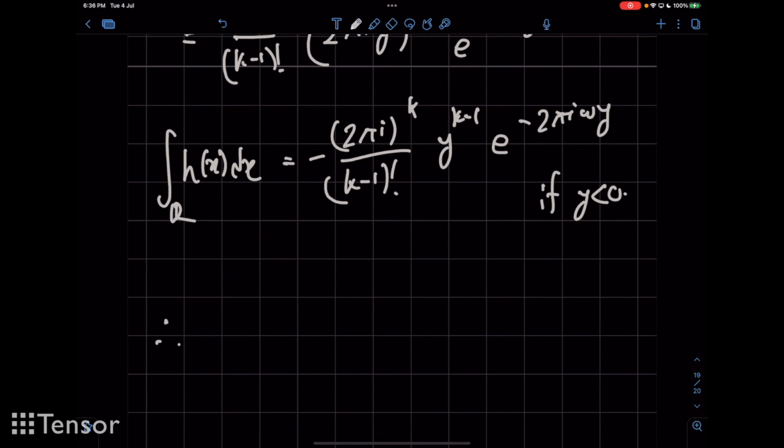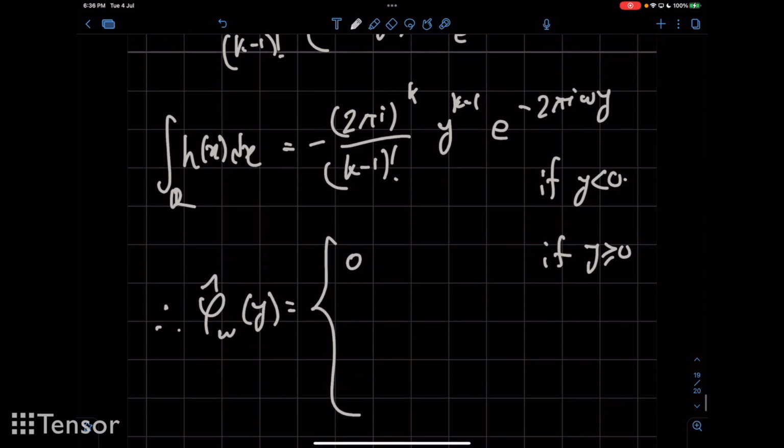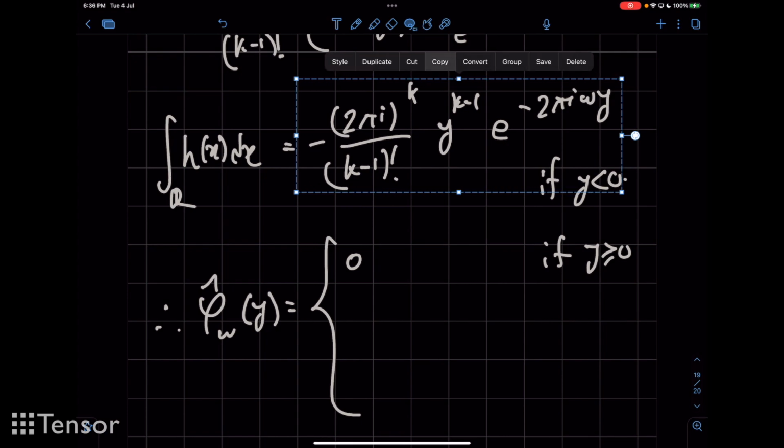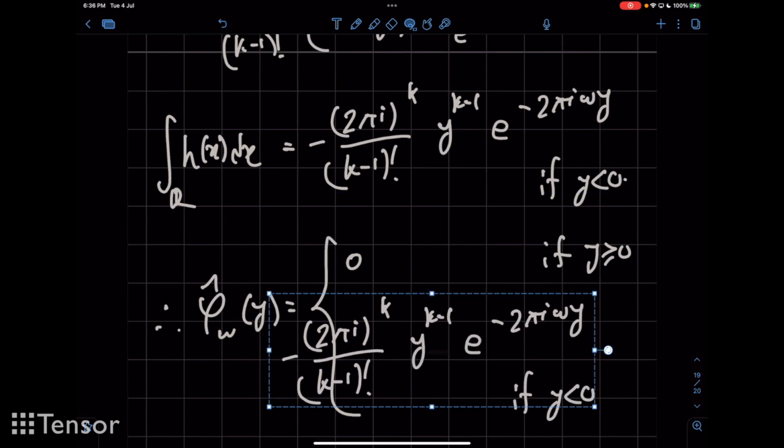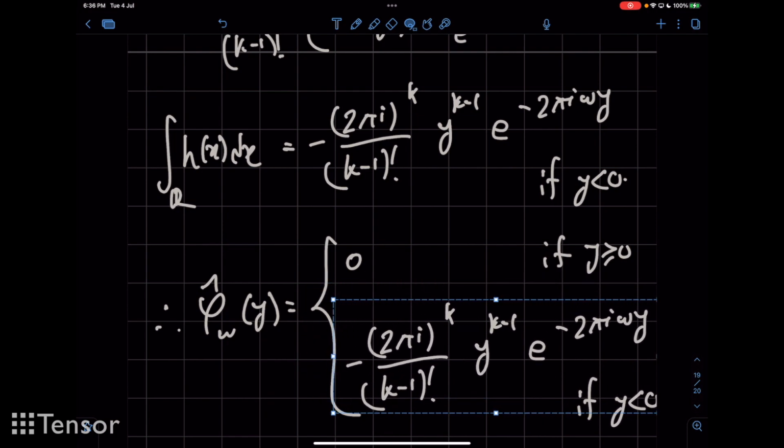So therefore we have found that the Fourier transform of phi sub w at y is defined piecewise. So that's 0 if y is non-negative, and it's equal to this formula right here.